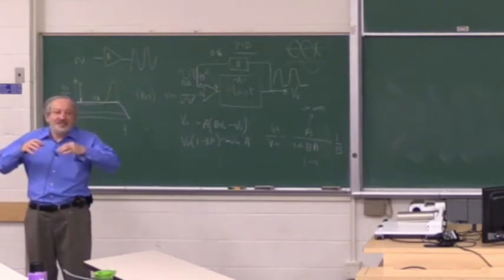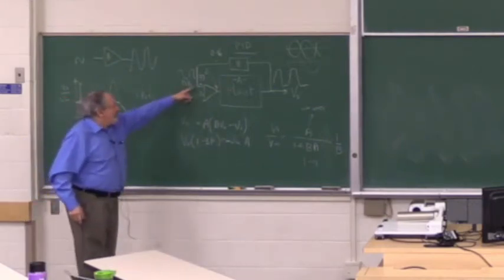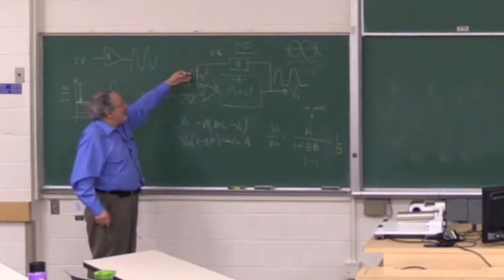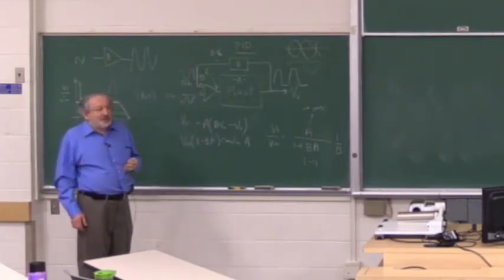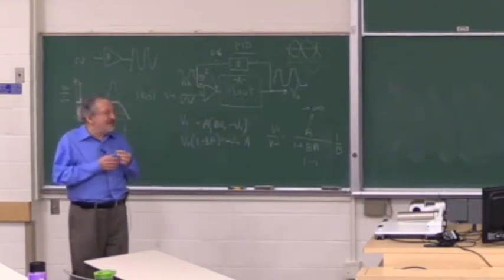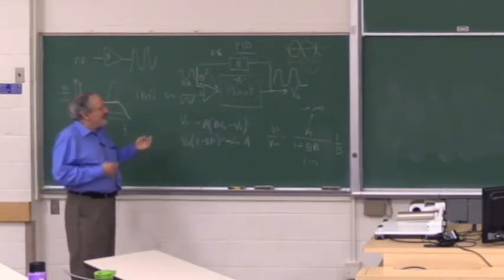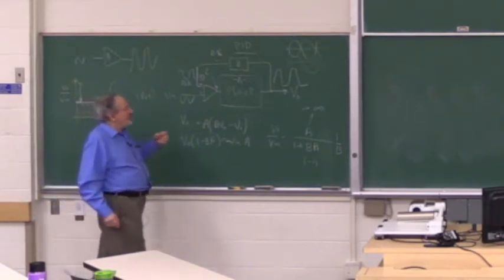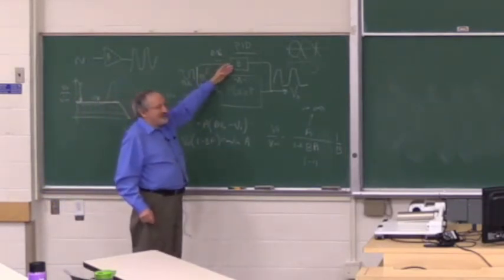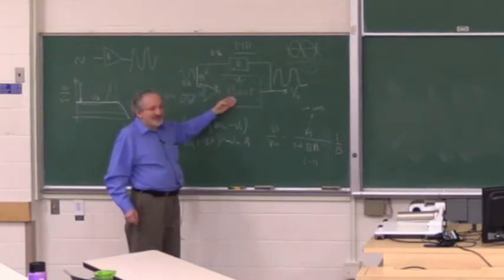But 180, if you have a difference and this switches 180, it's the same as changing the sign from plus to minus. Okay? So it starts becoming clear that for this to oscillate, two things have to happen. The phase shift has to be 180 degrees and the gain has to be more than 1.